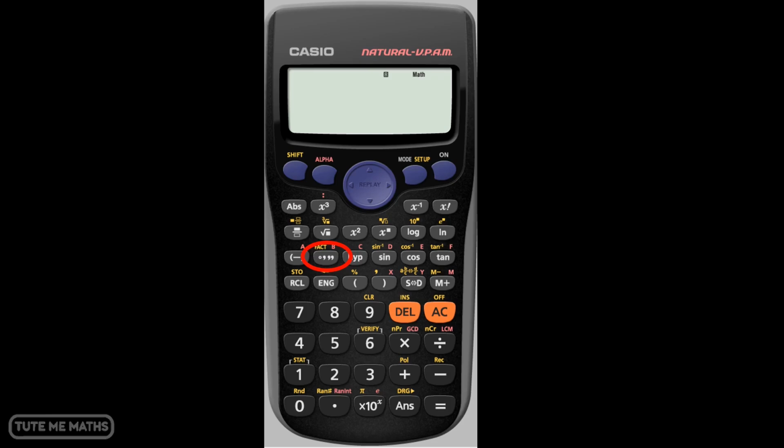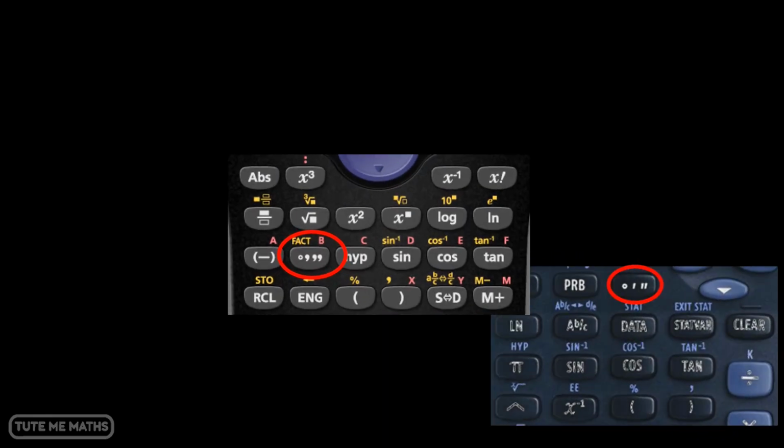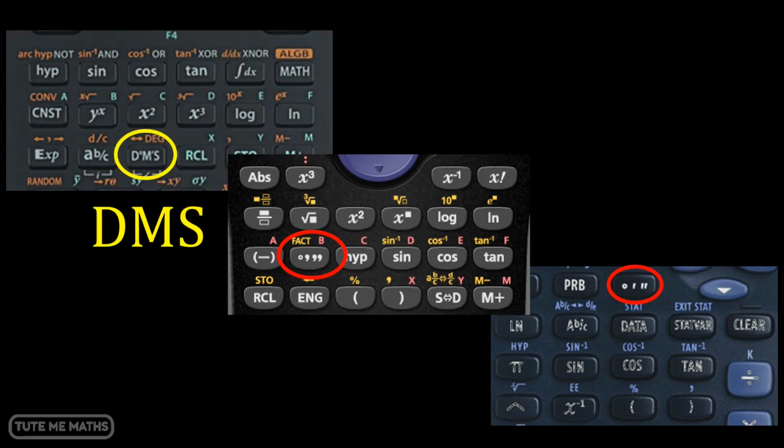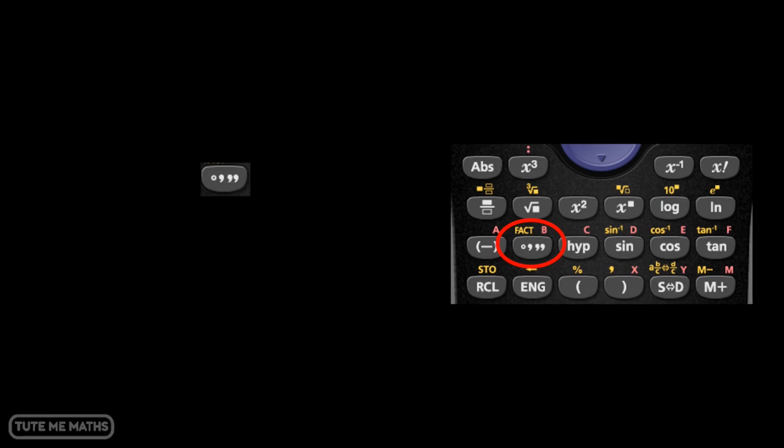We are now going to learn how to use this button, but for those who thrive on deeper understanding or enjoy mental calculations, I will cover non-calculator techniques in the Part C video of this subtopic. First of all, find this button on your calculator, or yours might have a DMS button, literally abbreviations for degrees, minutes and seconds. The symbols on this button represent the units we write for degrees, minutes and seconds.